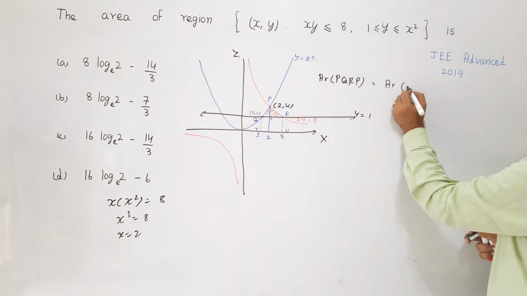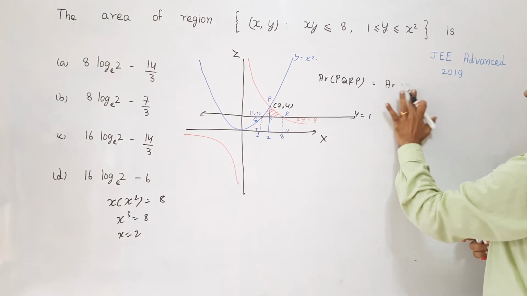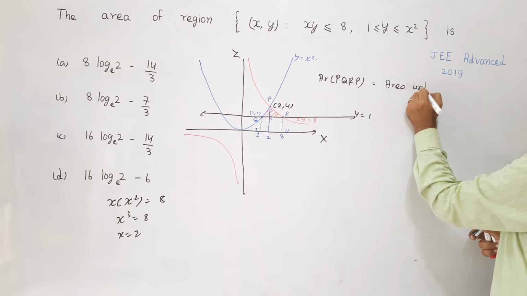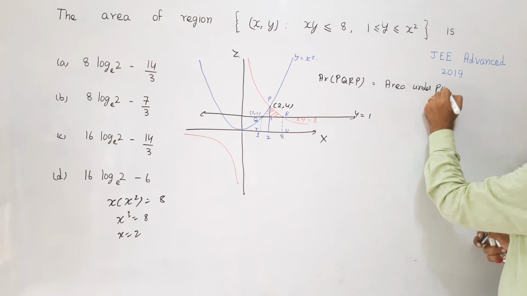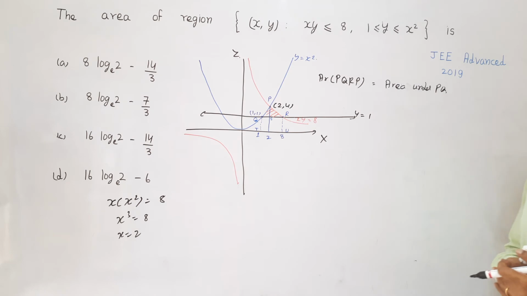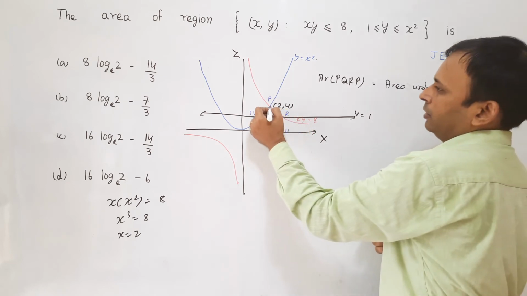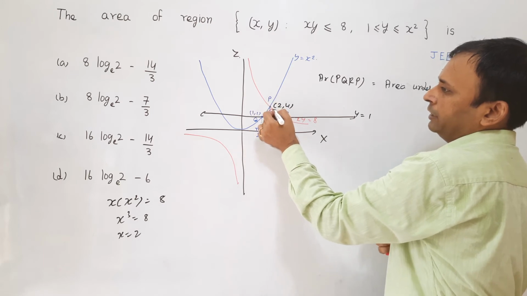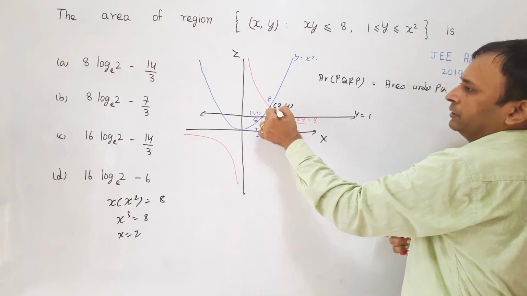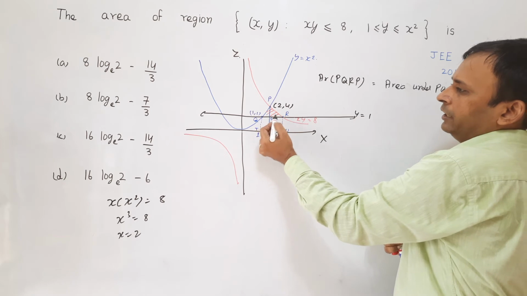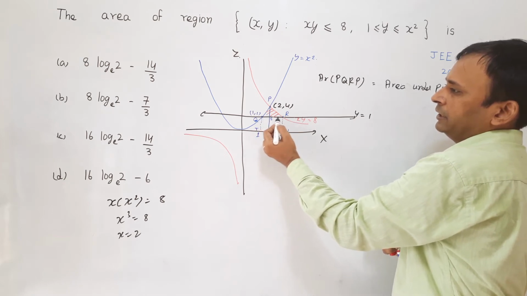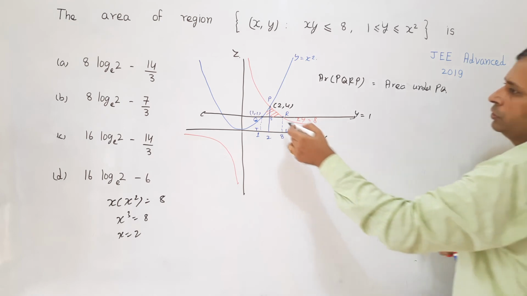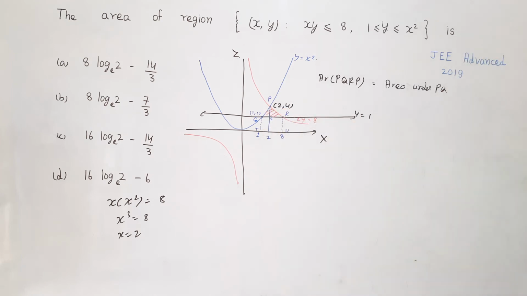Then area under PR will be this entire area. If I combine these two areas, it will contain additional area under QR, which I will subtract later on.